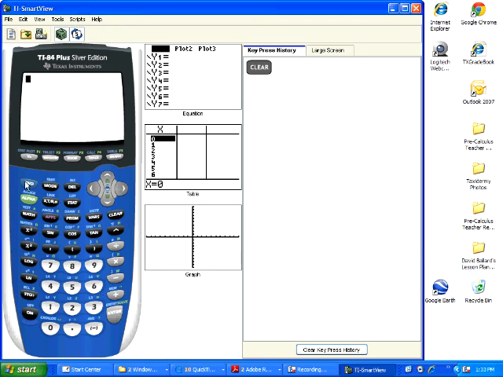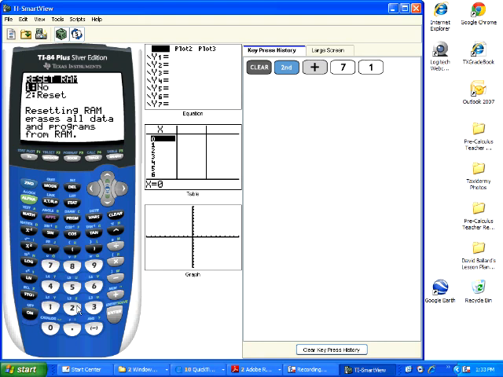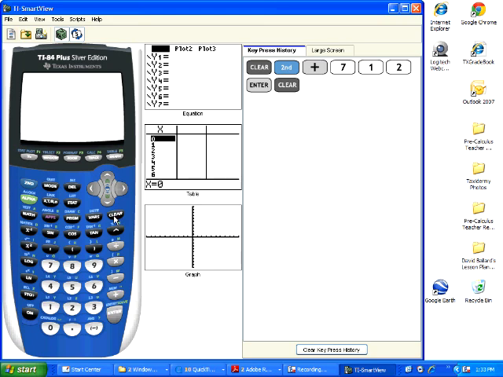So we can do our calculator, second plus 7, 1, 2, enter, clear. We're going to go to y equal. We want to put this equation into our calculator. Now, we need to do greatest integer. So we're going to go to math, and we're going to go over to number, and number 5 is integer.